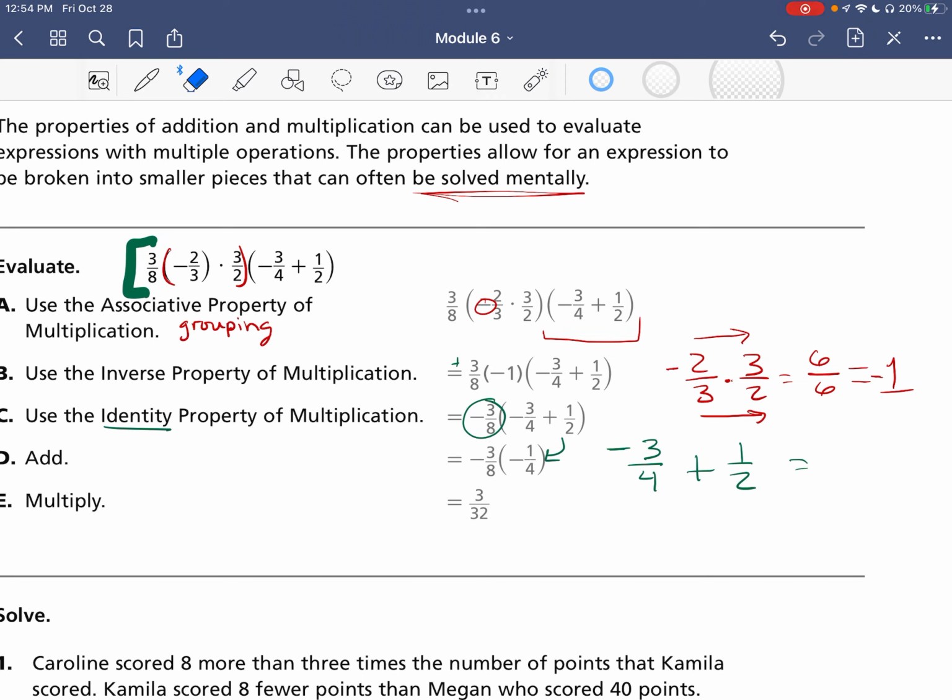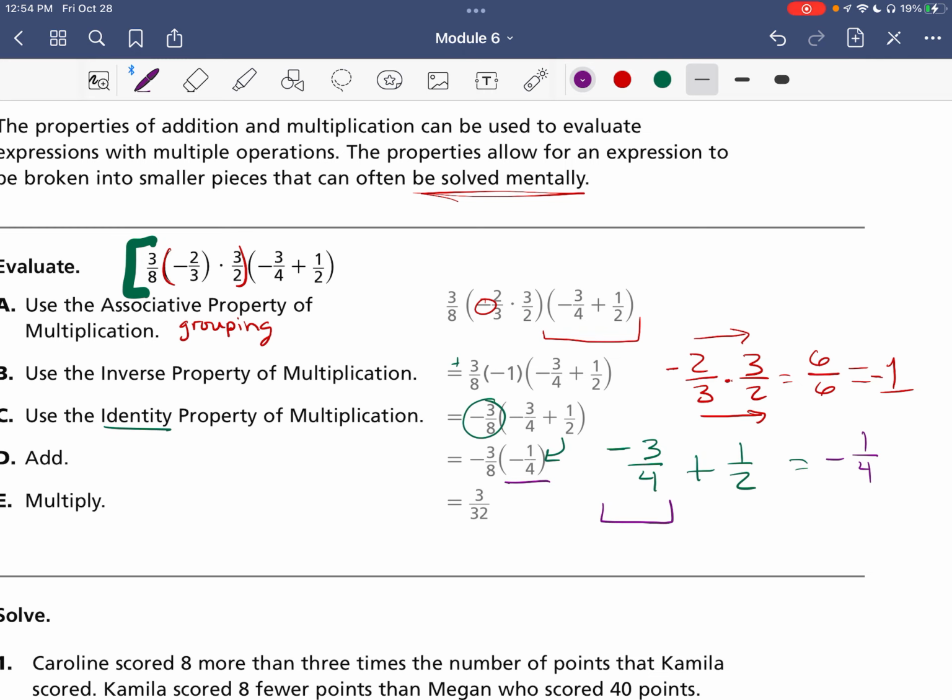If we are at -3/4 and we add 1/2, we're going to end up not quite at 0, just shy of that. We're going to be at -1/4, which is what we have right here.